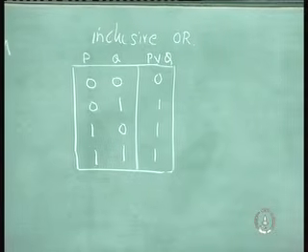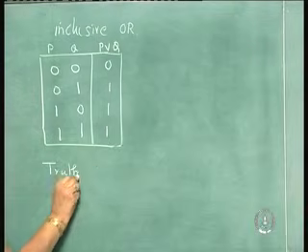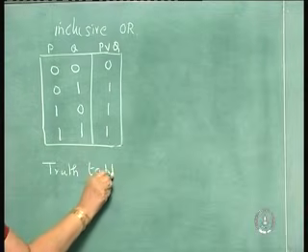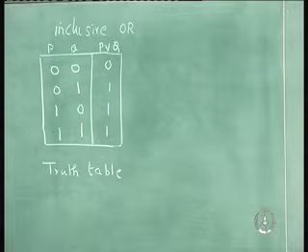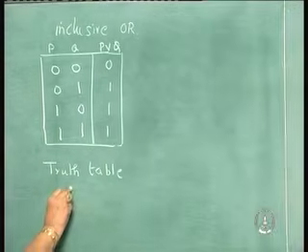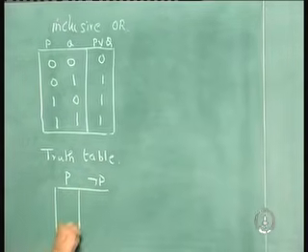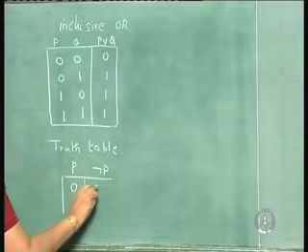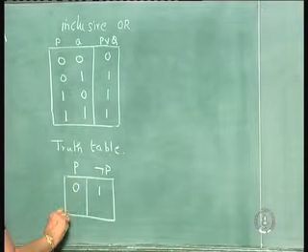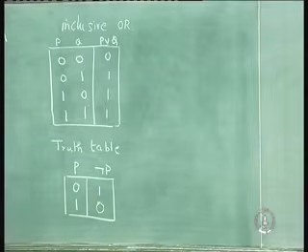This is called a truth table for OR. And for the unary operator not, P and not P: when P is false, not P will be true, and when P is true, not P will be false.